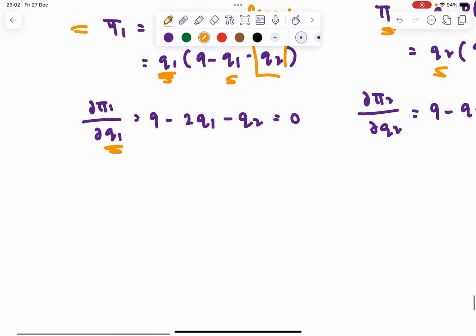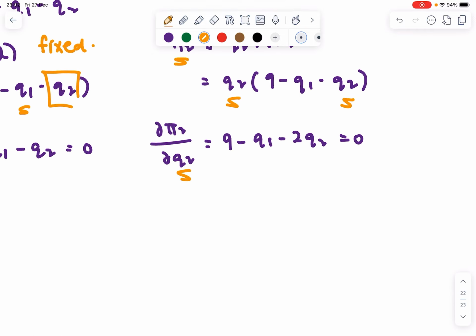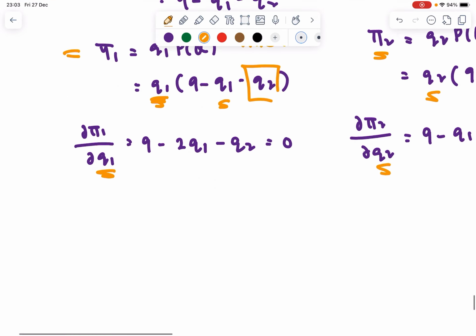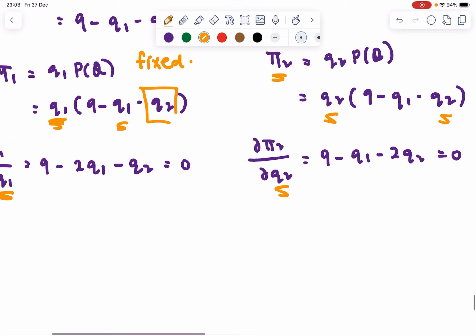For firm 1, we differentiate with respect to Q1, and for firm 2, with respect to Q2, because firm 1 can only choose Q1 and firm 2 can only choose Q2. So we treat Q2 for firm 1 as a constant, and Q1 for firm 2 as a constant. How much the other firm produces impacts how much we earn, but we don't know how much they're going to produce when choosing our quantity, so we treat it as a fixed constant.